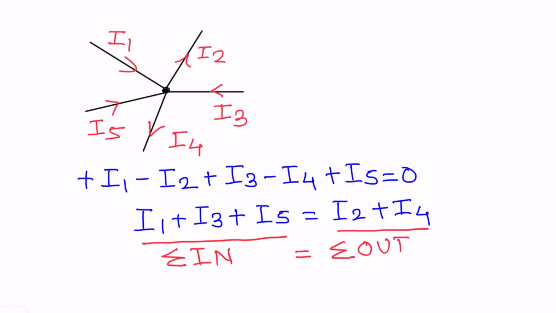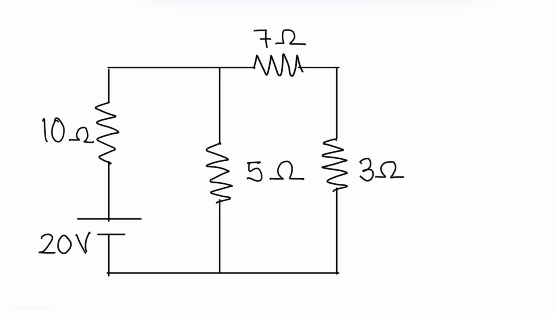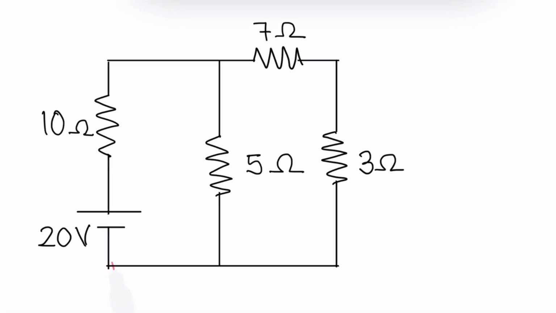Now let us see what do you mean by node and how to identify the nodes available in a circuit. So for that we will take one reference circuit. In this circuit, wherever three or more than three components are coming together, you declare that point as a node. See here, this is one node and this will be declared as reference node.